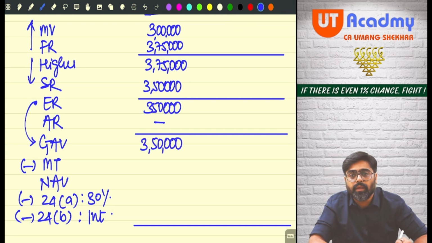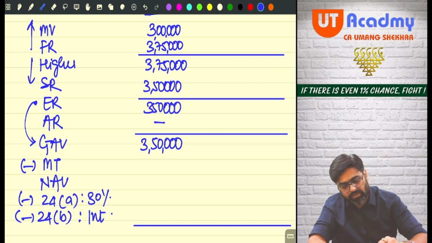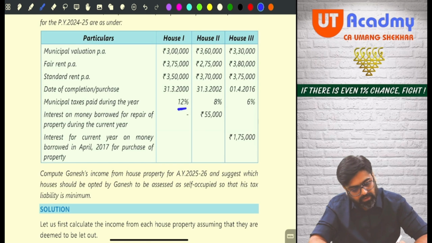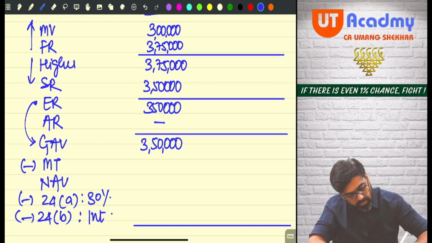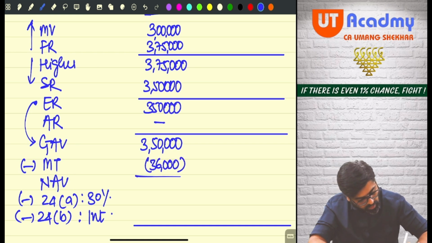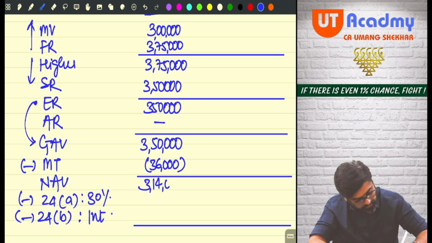Can you see municipal tax for this property is paid? How much is the municipal tax? That is 12% of municipal value. So 12% of 3 lakh will give you 36,000, everyone. So your NAV here will be 3,50,000 minus 36,000. 3,14,000 will be your NAV.